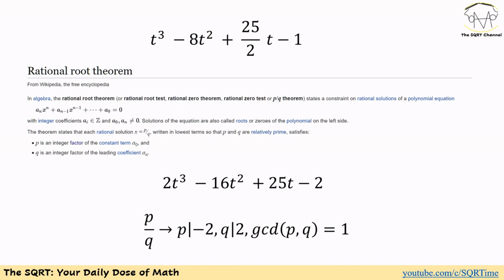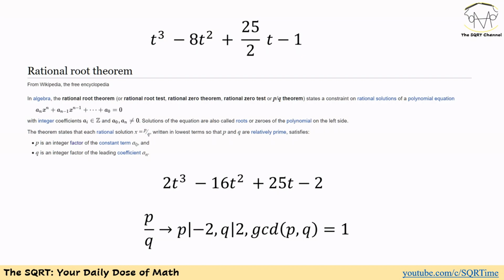Remember, when we have a polynomial of degree n with an as the leading coefficient and a0 as the constant term, to have a rational solution x equal to p over q, when p and q are relatively prime, we are going to satisfy two conditions. The first one says p should be an integer factor of the constant term a0, and the second one is q should be an integer factor of the leading coefficient an.